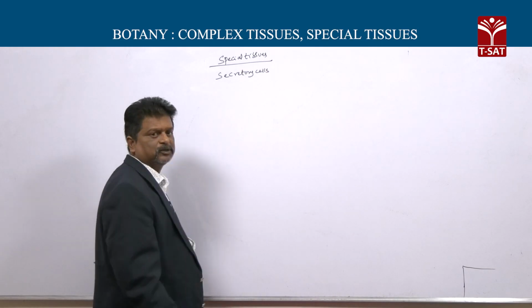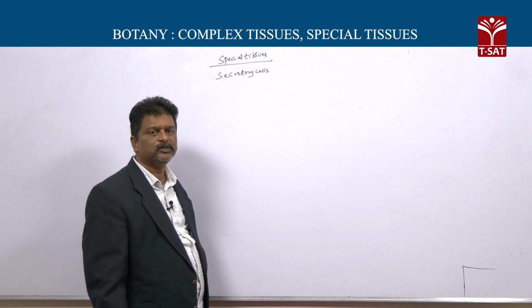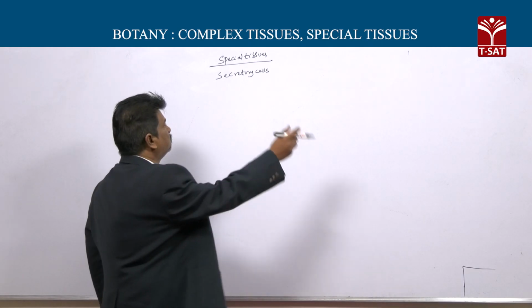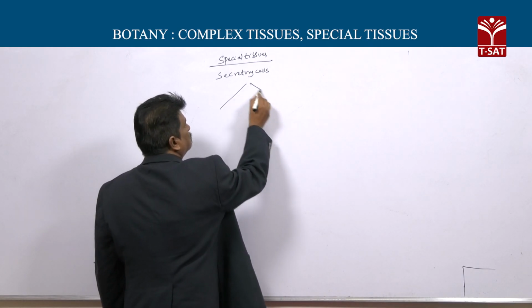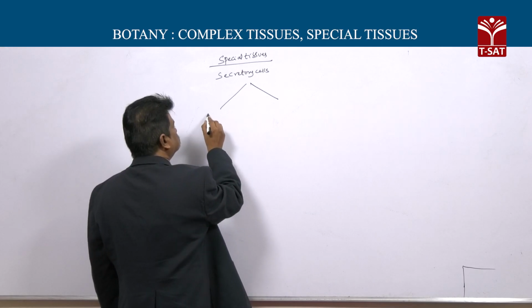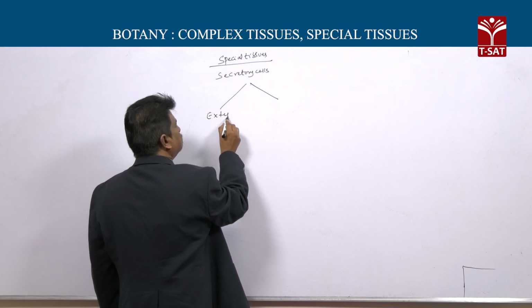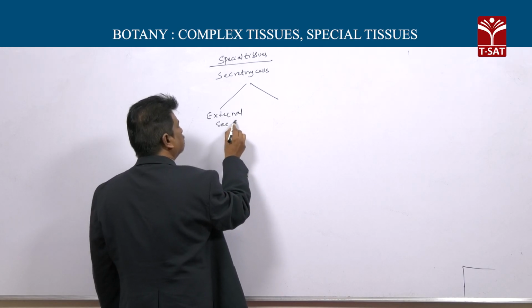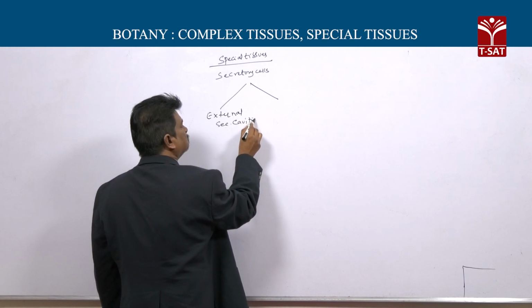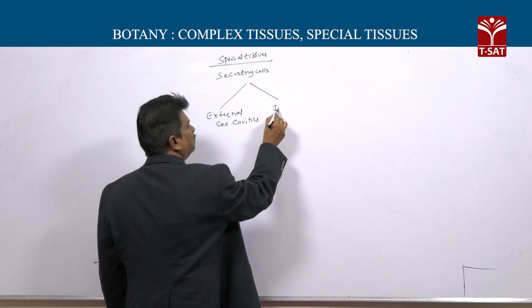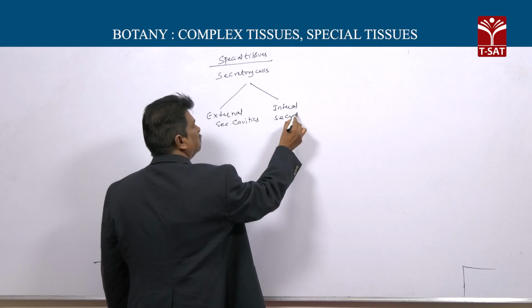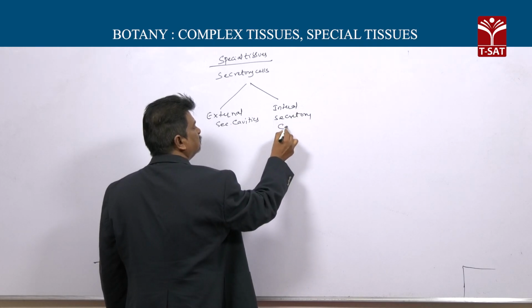They produce substance and release substance as a result of metabolism. The special tissues are divided into two types. One is external secretory cavities and internal secretory cavities.